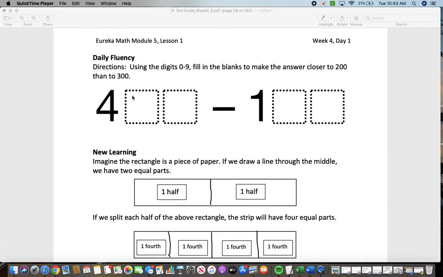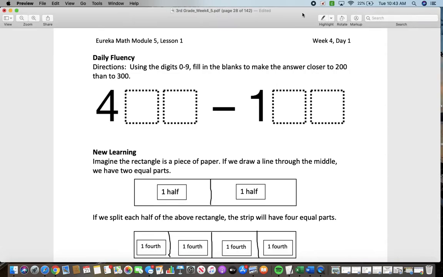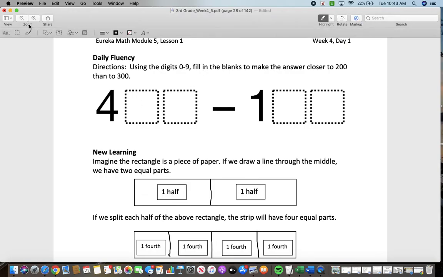Now, one of the ways you could do that is by making the 400 number, it could be 400. Now, one of the ways that you could make this 100 number is make it as close to a 200 as you possibly can. And what I mean by that is, let me just show you by marking up some of the page.